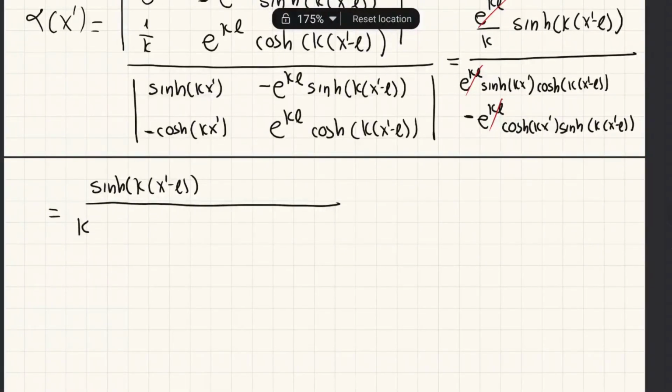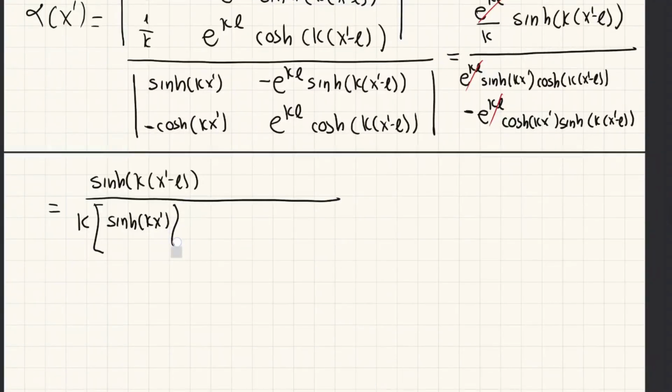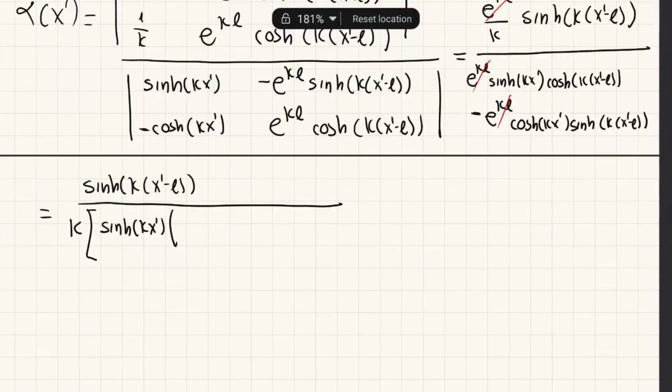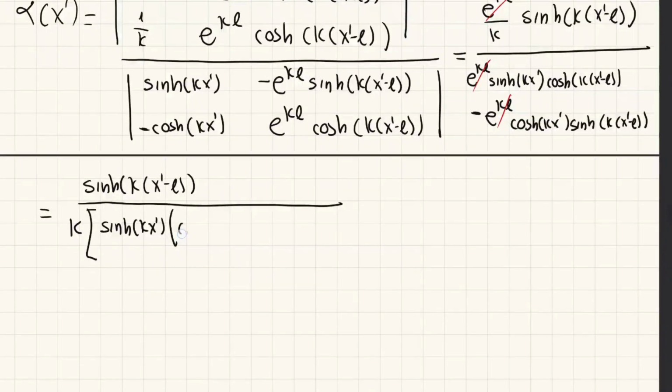Okay, so this will be the hyperbolic sine of k times x prime minus l divided by k. And then here we are going to have the hyperbolic sine of kx prime times the hyperbolic cosine of kx prime, the hyperbolic cosine of kl, minus the hyperbolic sine of kx prime, and then the hyperbolic sine of kl.